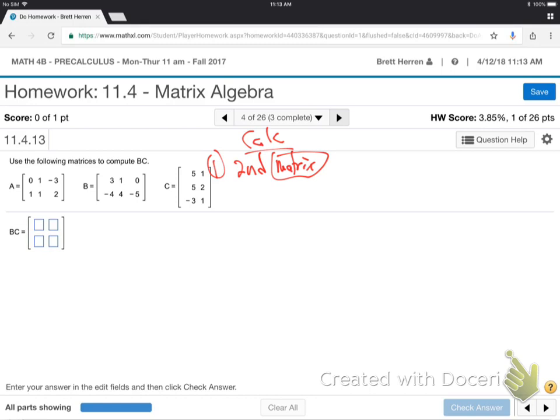So I hit second matrix. I went over twice to the edit menu, and I went down to B, and I hit enter.